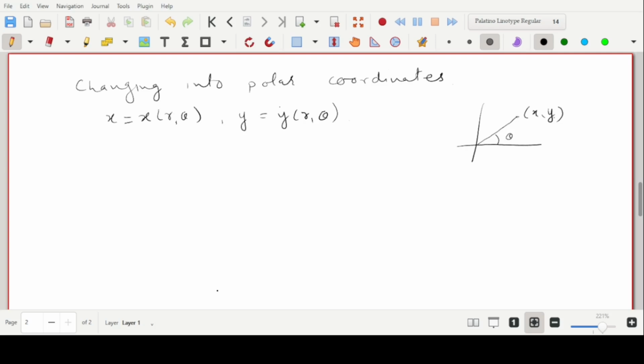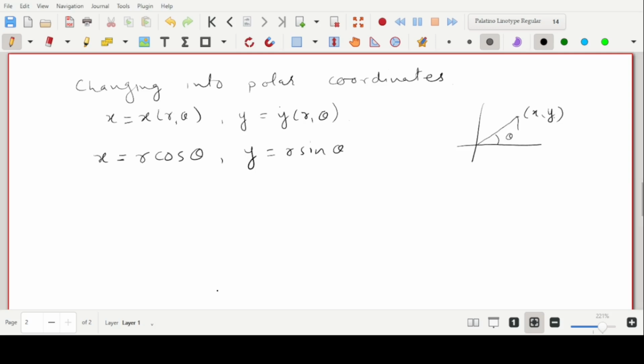Now, when we are using these polar coordinates, what is the expression for x that we use in terms of r and theta? It is r cos theta, and for y we substitute r sin theta.